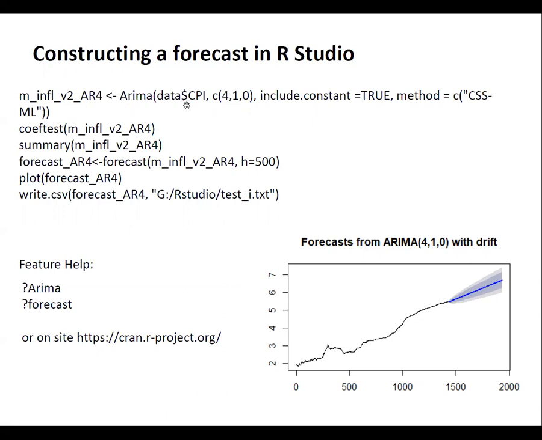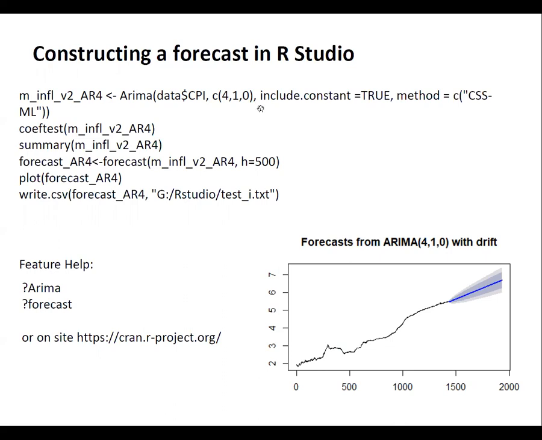Then we use the ARMA function to evaluate the parameters of the ARMA model using data CPI. This is the data on the price level. ARMA model parameters are 4, 1, 0. That is, this is an autoregression of order 4 on the first differences, because here my initial indicators are the logarithm of the price level.